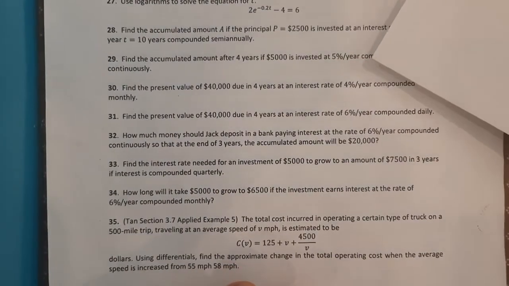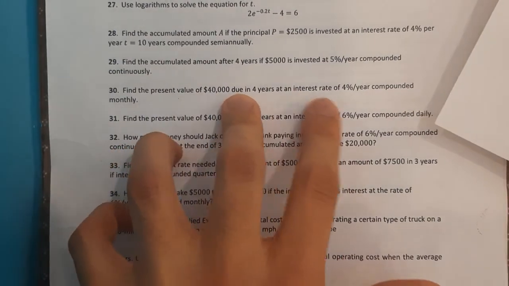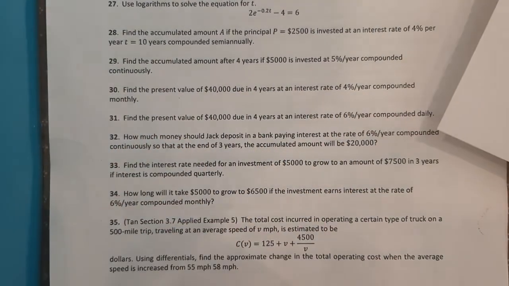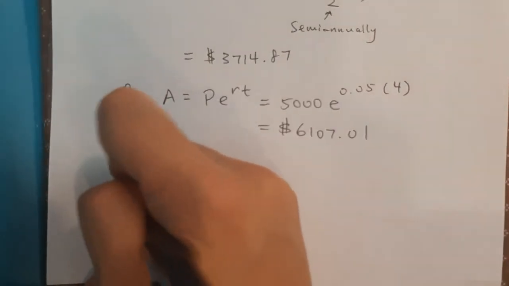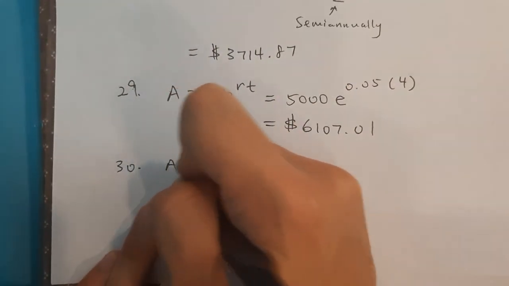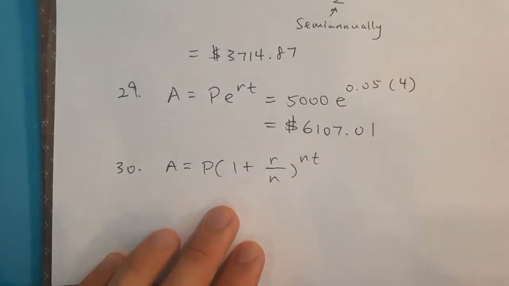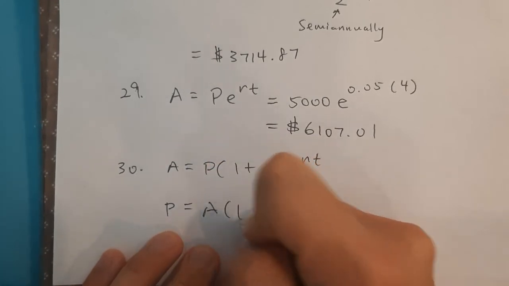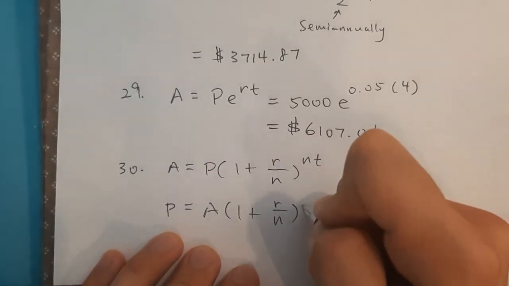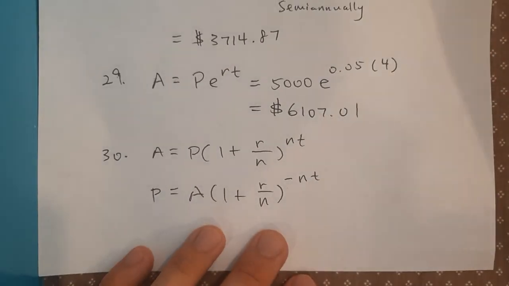So for question 30, it says to find the present value of 40,000 due in 4 years at an interest rate of 4% per year compounded monthly. The compounding is monthly, so we're going to use this formula, A equals P, 1 plus r over n to the nt. And if you want to solve for P, then we just make this power a negative nt. Then we can plug in the values.